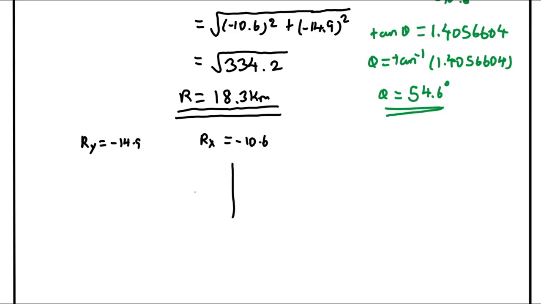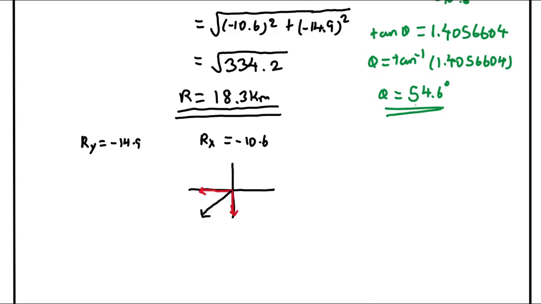We can draw ourselves a small diagram here, a small XOY plane. Now, if Ry is negative, it means that it's along this axis here. And if Rx is also negative, it means that it's along this axis. That means that the resultant R has to fall within this part.